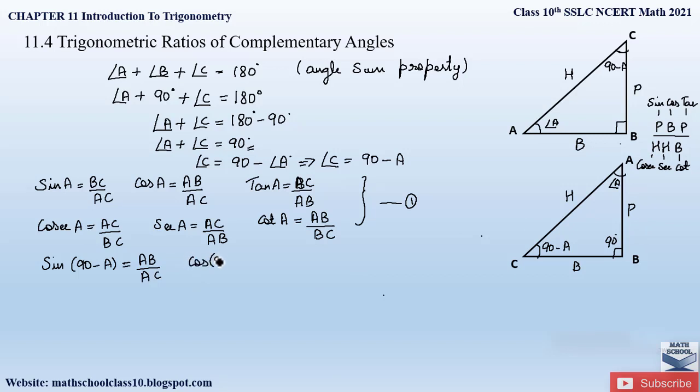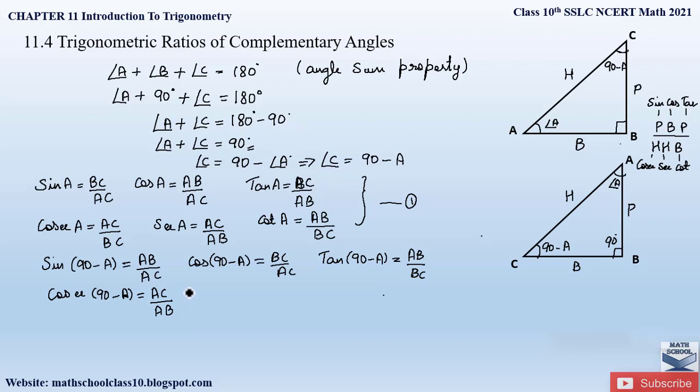Similarly, cos 90 minus A will be base by hypotenuse, which is BC by AC. Then tan 90 minus A is equal to perpendicular by base, which is AB by BC. Then cosecant 90 minus A is equal to hypotenuse by perpendicular, so it is AC by AB.